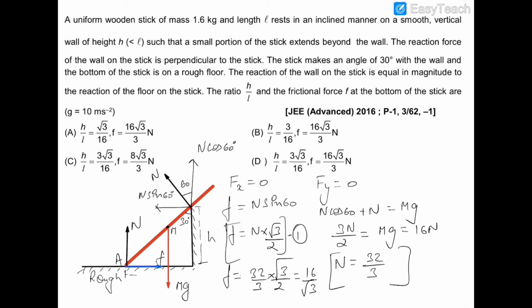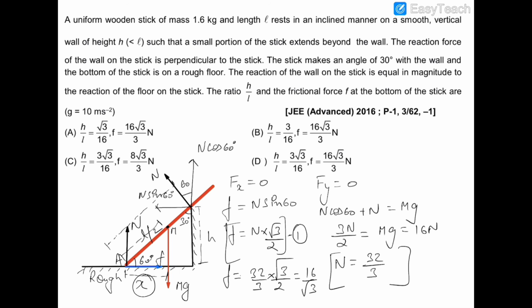Now this distance is, let's suppose, x, and let us first of all find out the complete distance, this one. We already know that this is L by 2 because the complete length of this rod is L, and this is the center of mass of the rod, and this angle is 60 degrees.